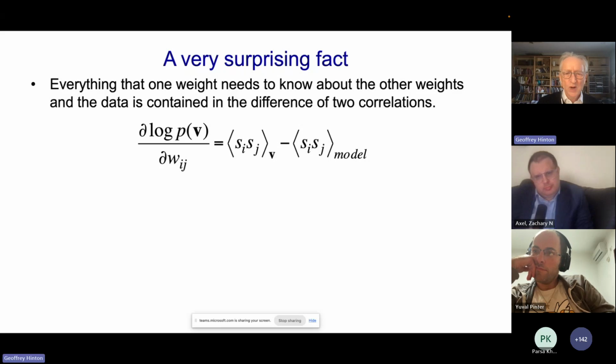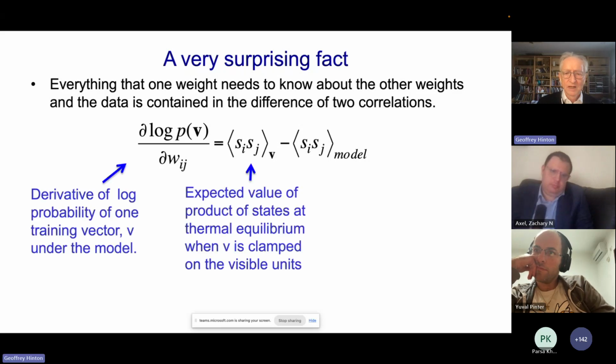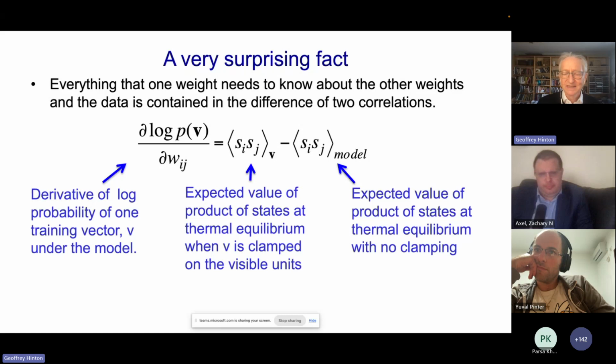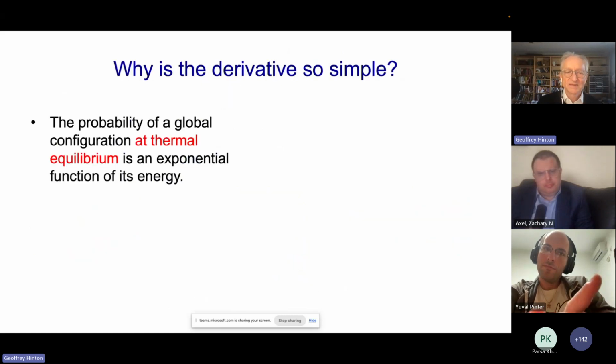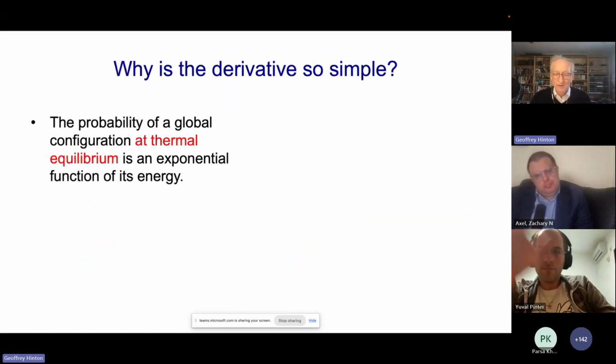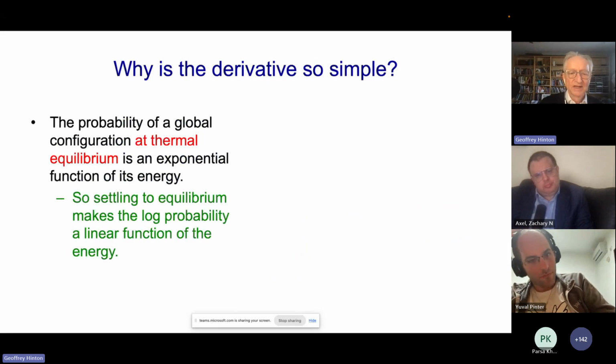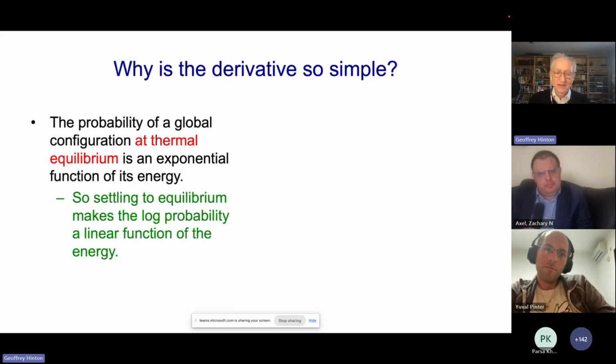Now you can ask, why is it so simple? The reason it's so simple is that the learning rule is just proportional to that difference in correlations when you're clamping the visible units with data or when you're not clamping them. The reason it's simple is this. At thermal equilibrium, you have this magical property that the log probability of the configuration is a linear function of its energy.